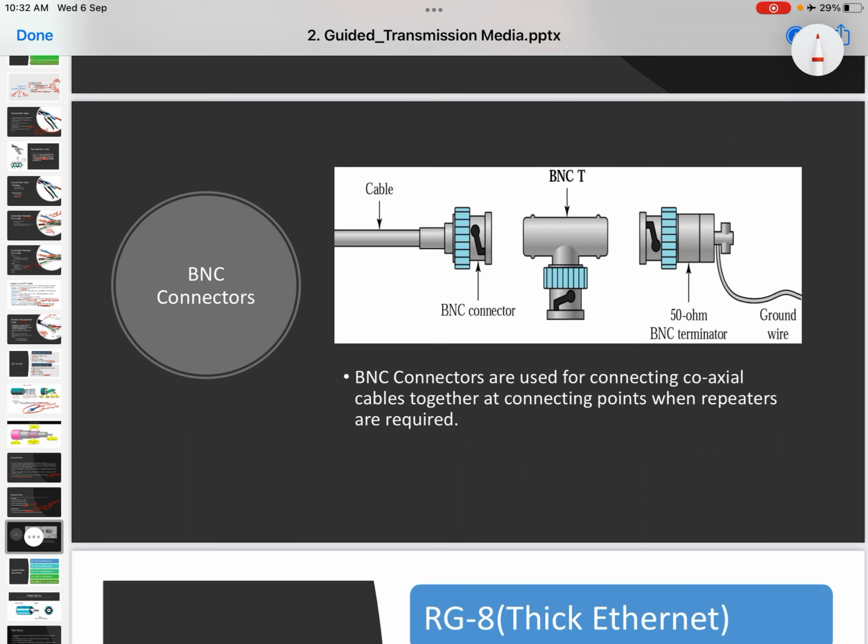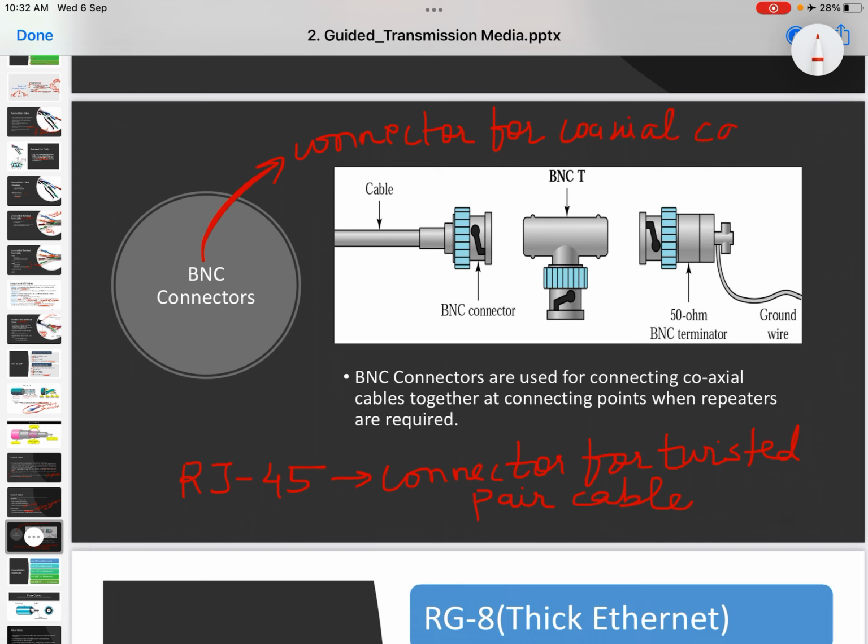BNC connectors. BNC connectors are used for connecting the coaxial cables together at connecting points when repeaters are required. So RJ45 is used as a connector for twisted pair cable, whereas BNC is used as a connector for coaxial cable.